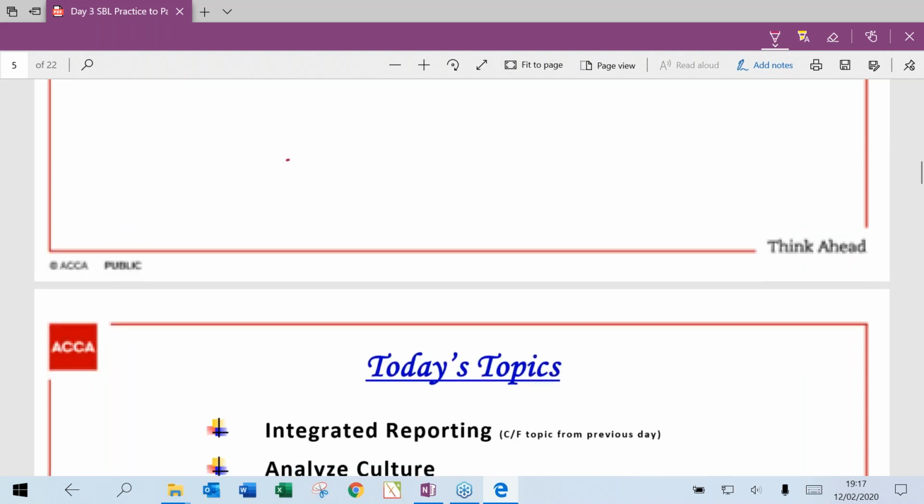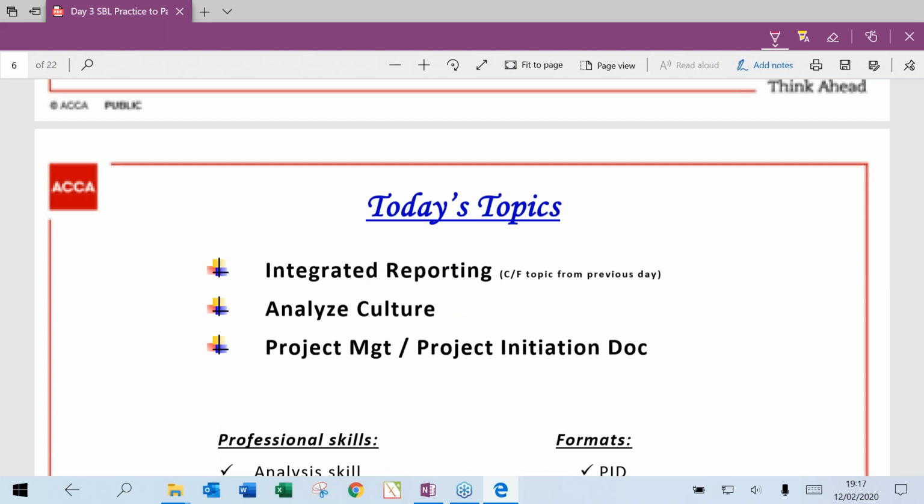Right. So now today's topic is integrated reporting. It is a relatively new topic, and it was not there in P1 or P3, or it was there but very limited scope. But in SBL, this has been covered in a lot more detail.